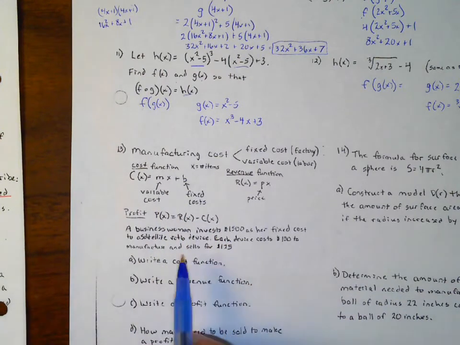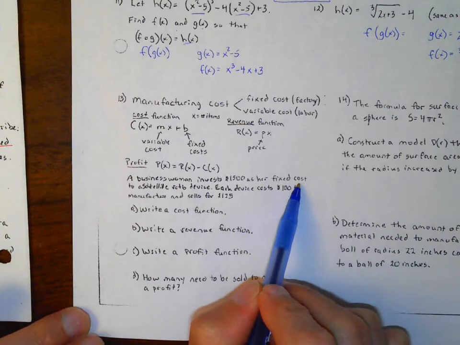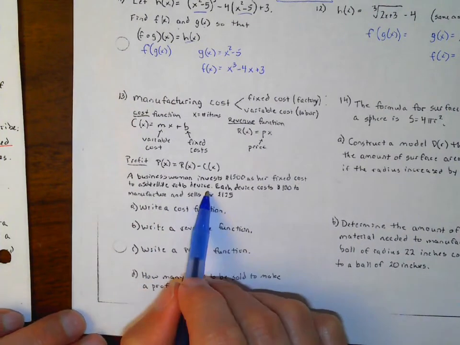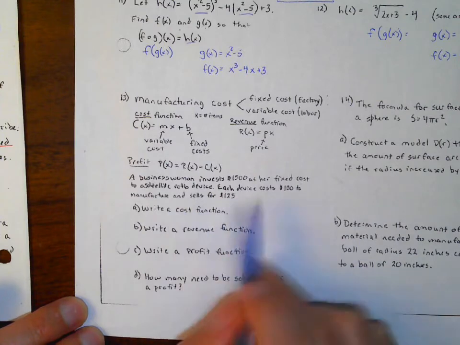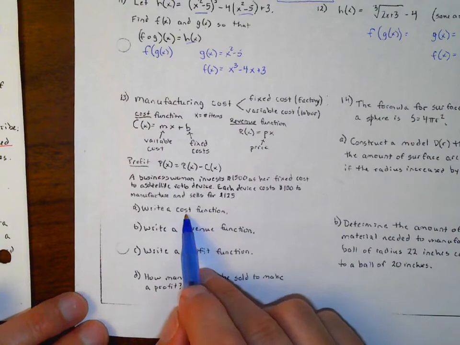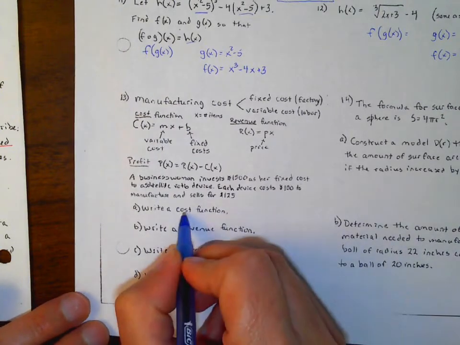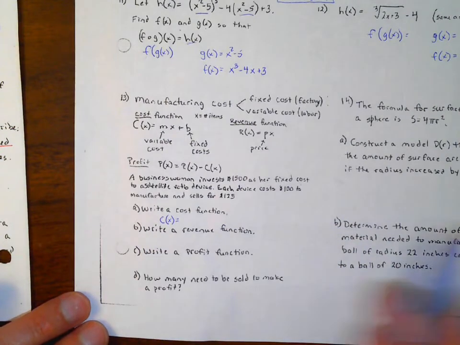So a businesswoman invests $1,500 as her fixed costs to a satellite radio device. Each device costs $100 to manufacture and sells for $125. So what are the costs here? Well, the costs, c of x, would equal the variable costs.